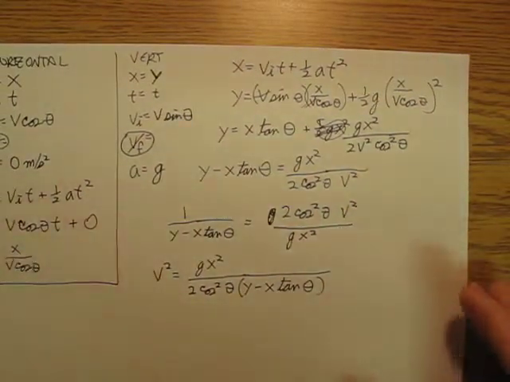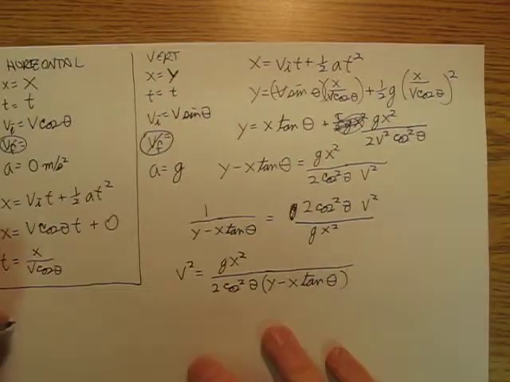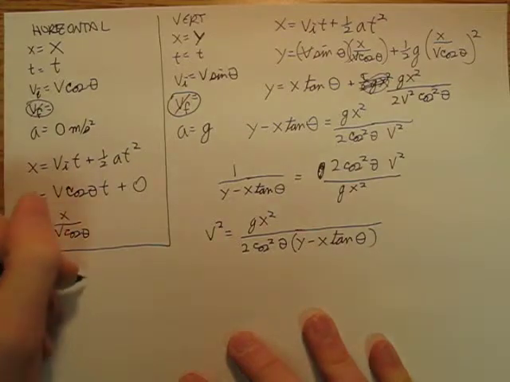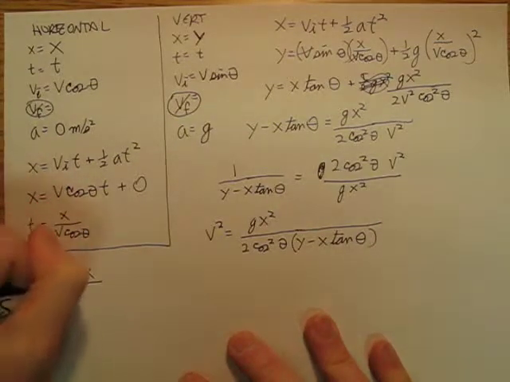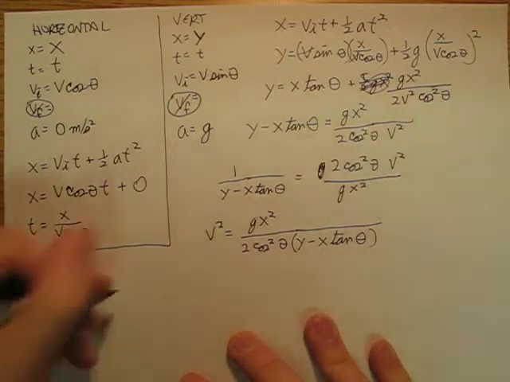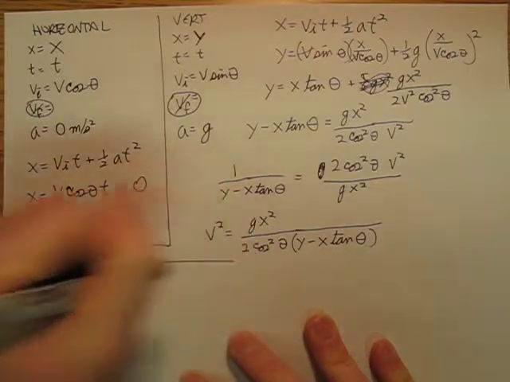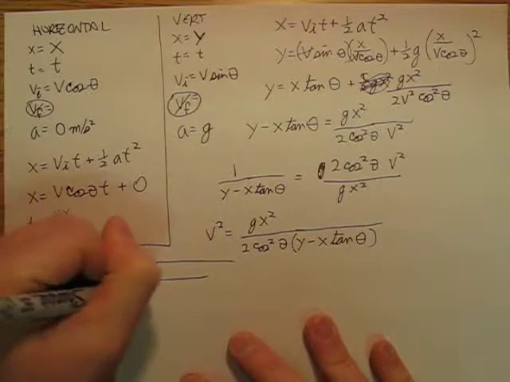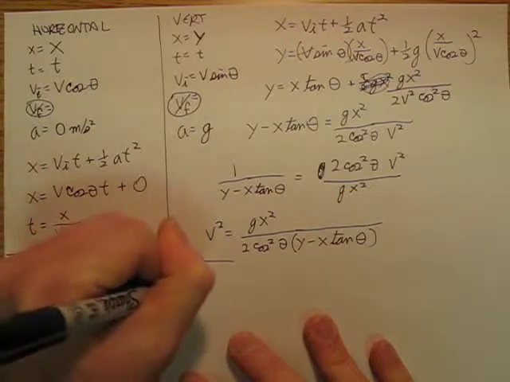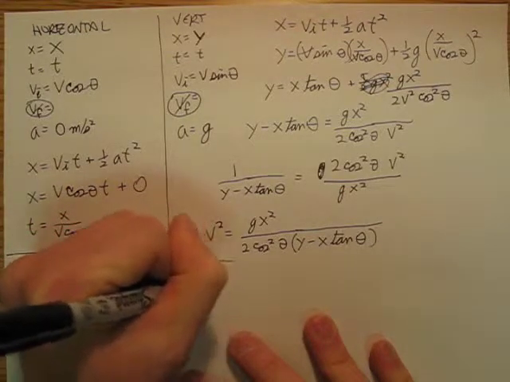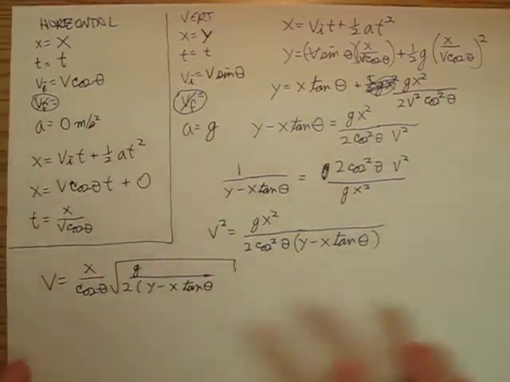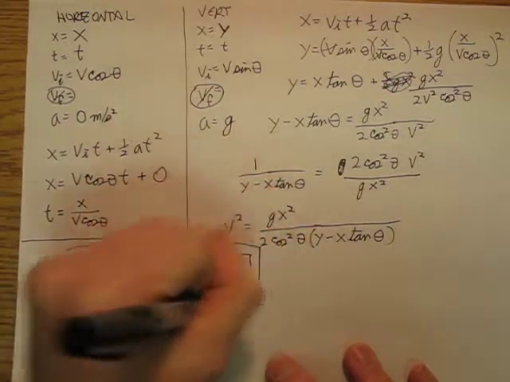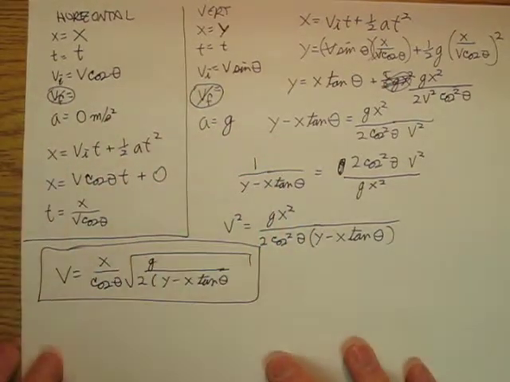Okay, so that means that my v is going to be x over cosine theta times the square root of g over 2 times y minus x tangent theta. Okay, so that's my expression without any numbers.